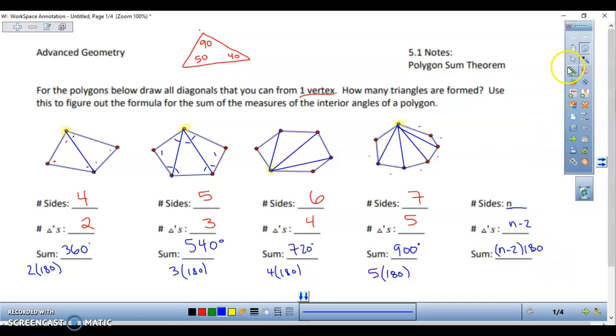This, my friends, is the polygon sum theorem. For any polygon, all of the angles inside will add up to the number of sides minus 2 times 180 degrees. All right? So let's write that down.